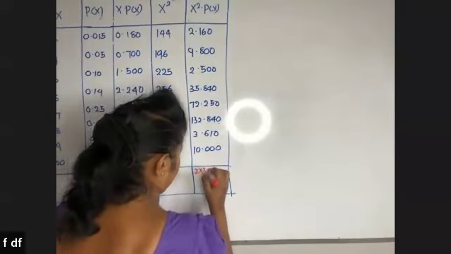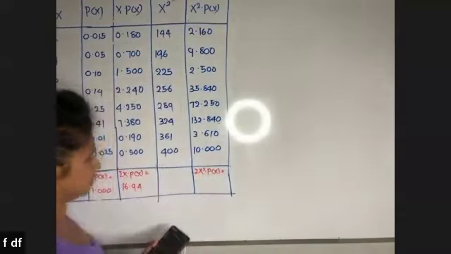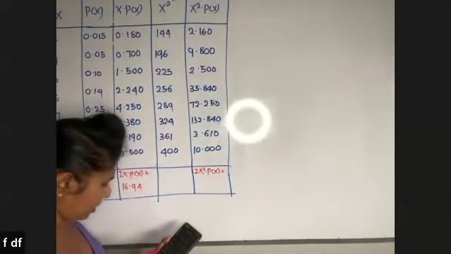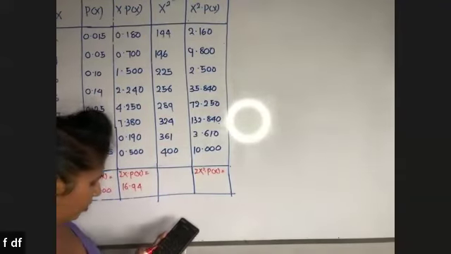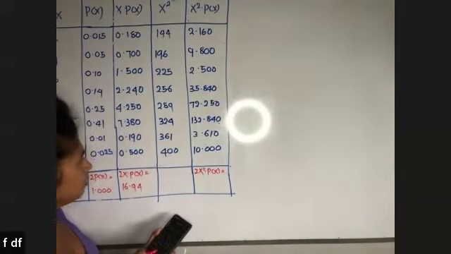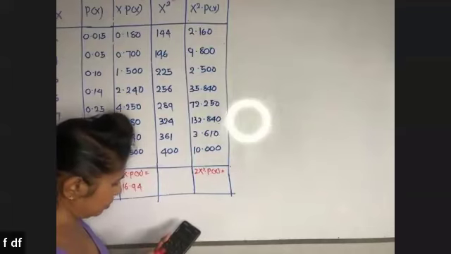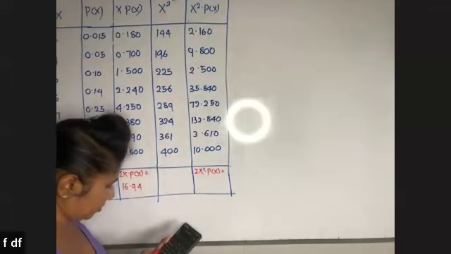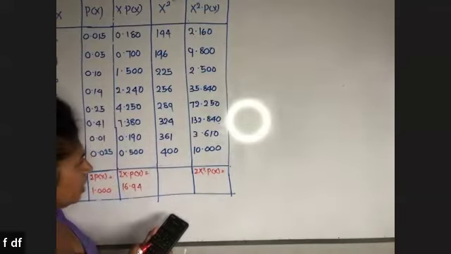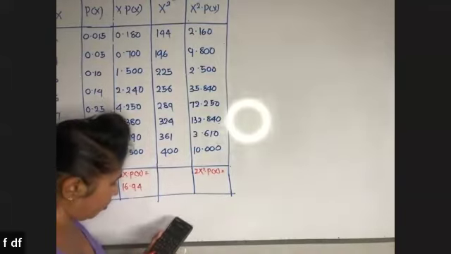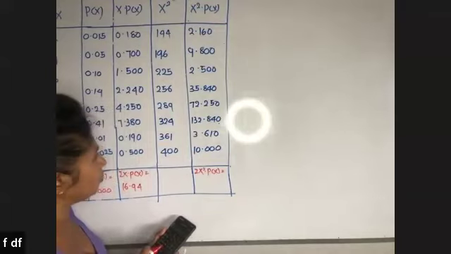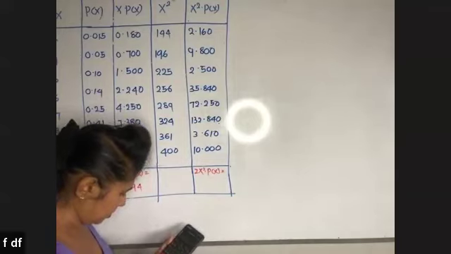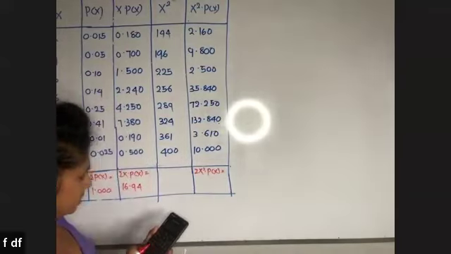The last column, sigma x square into P(x): 2.16, 9.8, 35.84, 72.25, 132.84, 3.61 plus 10.